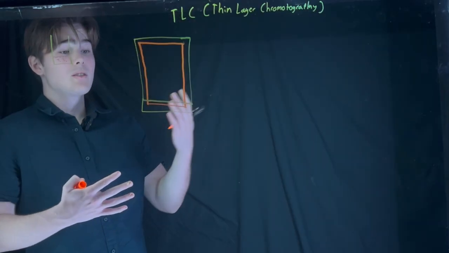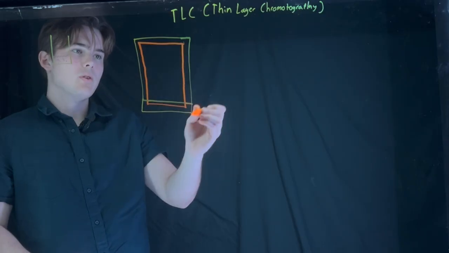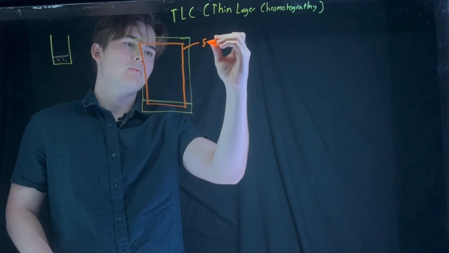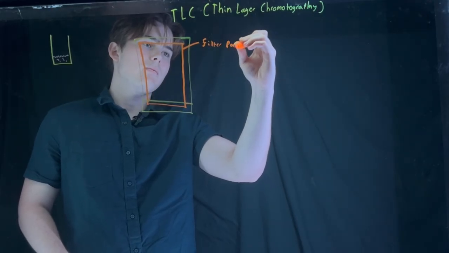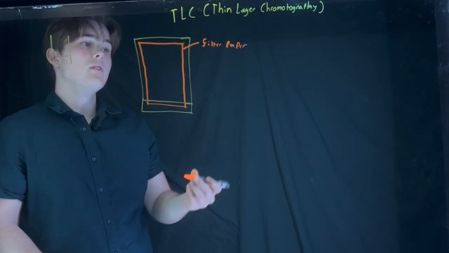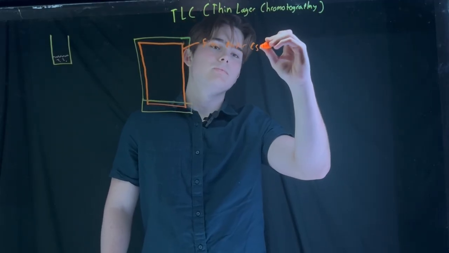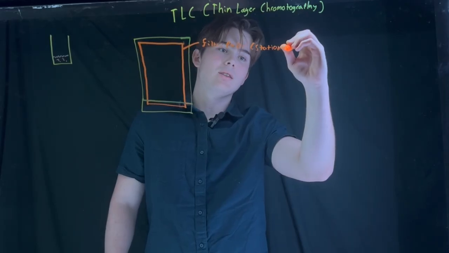Basically, the way it works is we put filter paper, which is this orange rectangle here. So this is the filter paper, and that's going to be associated with the stationary phase. We'll talk a little bit more about that in a second.